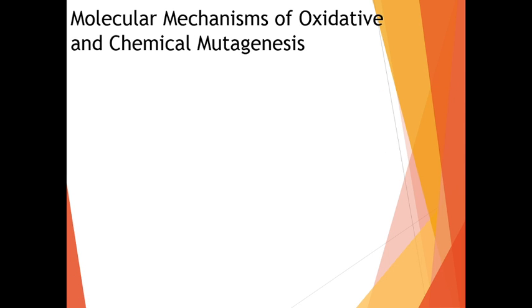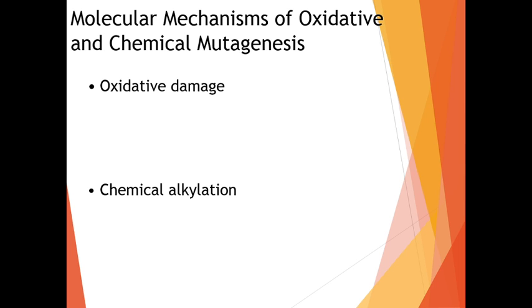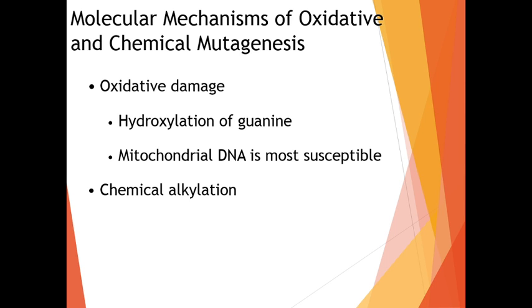Next, let us consider molecular mechanisms of oxidative and chemical mutagenesis. For oxidative damage, hydroxylation of guanine is an example. And this happens in mitochondria, and mitochondrial DNA is the most susceptible.